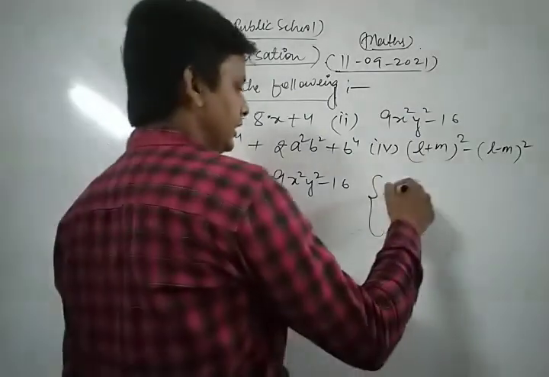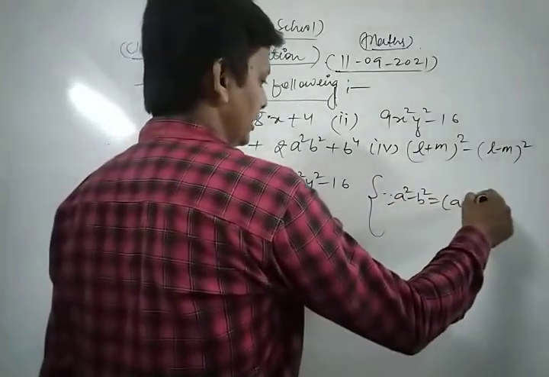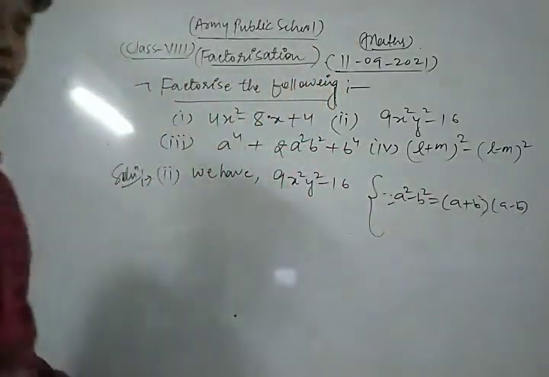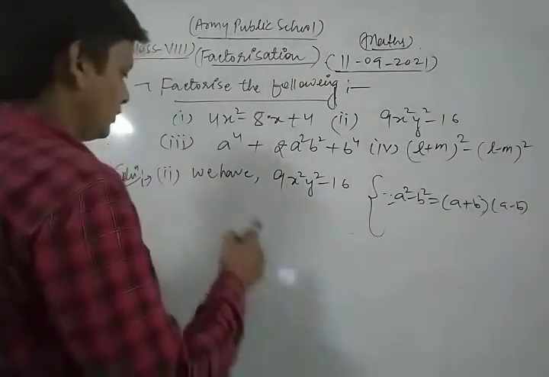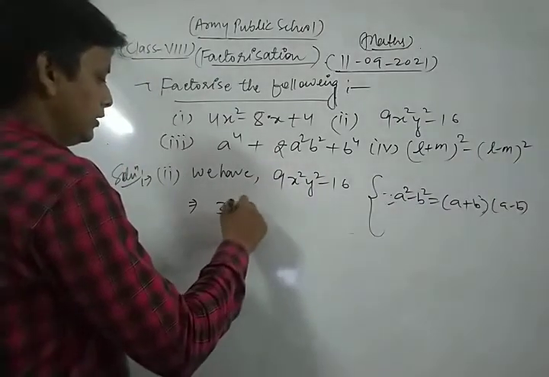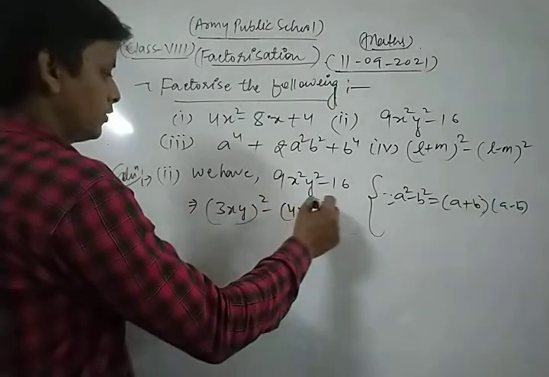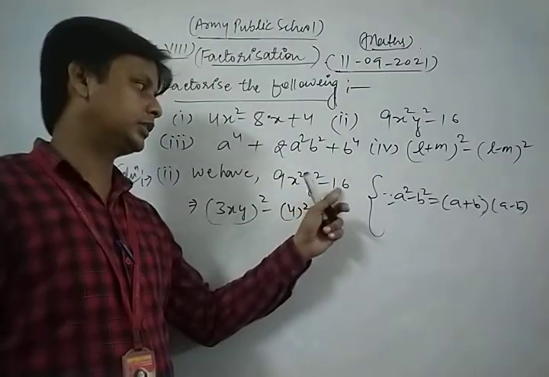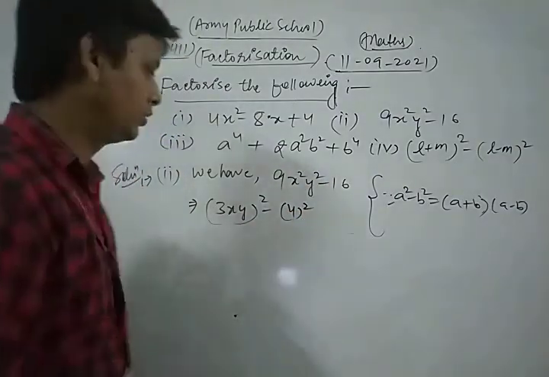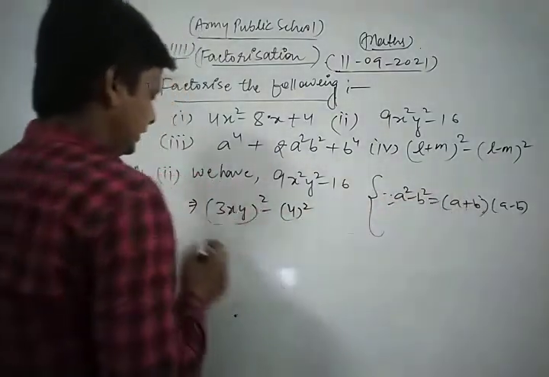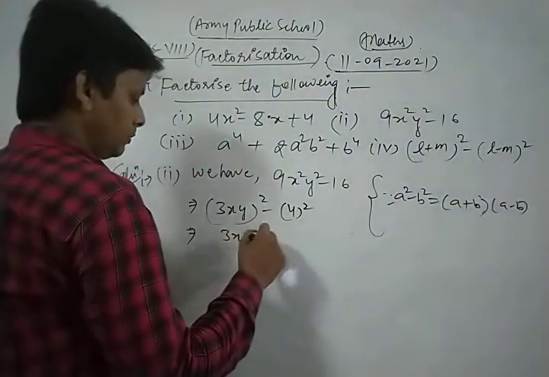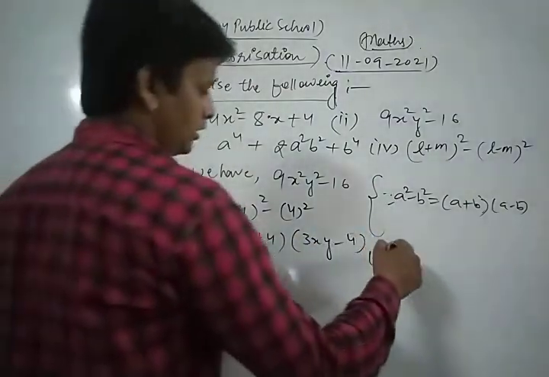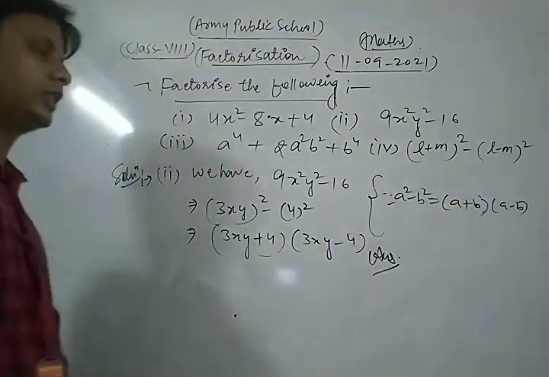Here we use the identity a square minus b square, which we can write as (a plus b) into (a minus b). So dear students, here we can write it as (3x) square minus y square minus 4 square, because the square of 3x is 9x square, and we can write 16 as 4 square. Now this is the form a square minus b square, so we can write a plus b into a minus b. This is the required solution of the given question.